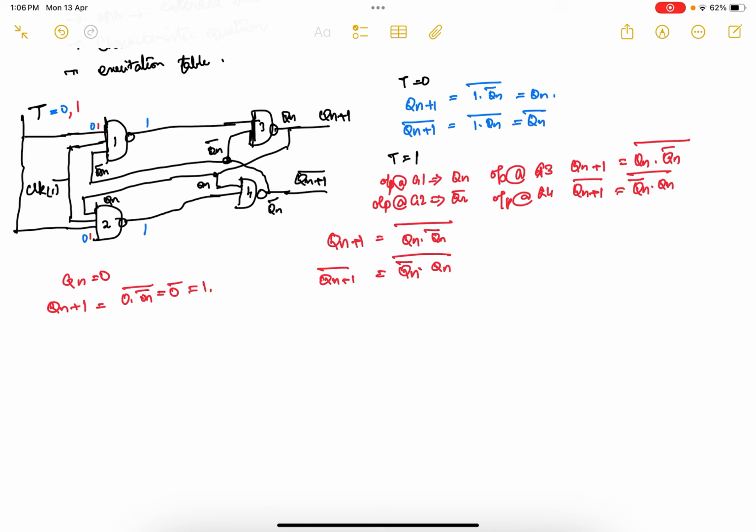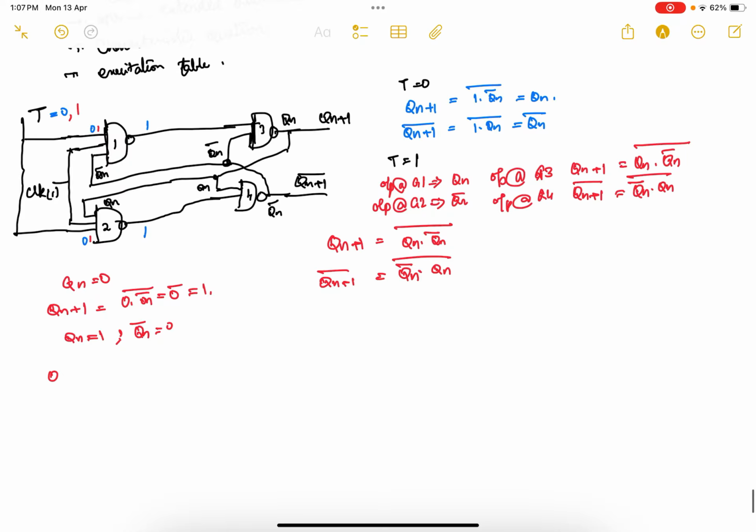Now when Qn equal to 1, I am proceeding at the bottom side. Qn is 1 means Qn bar will become 0. On the bottom side, if you write the equation for Qn plus 1 bar, this also will become 0 into Qn, once again 0 complement is nothing but 1.